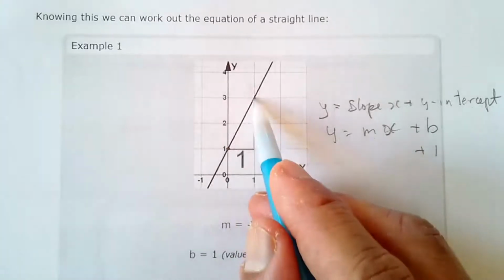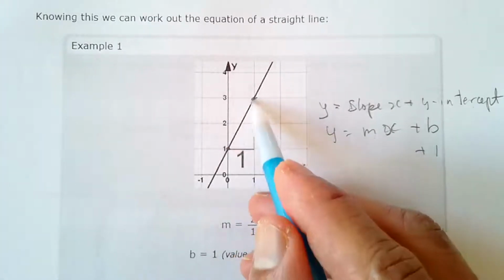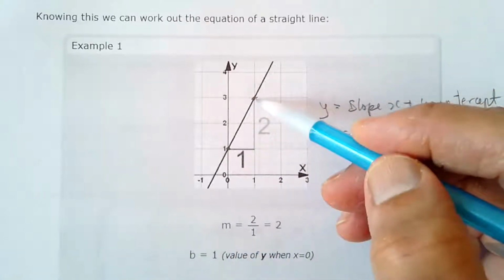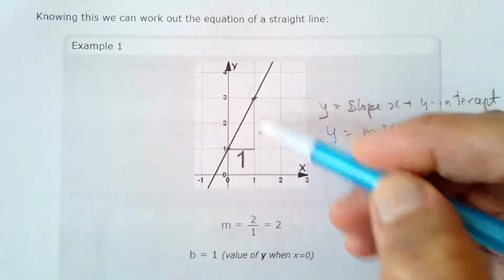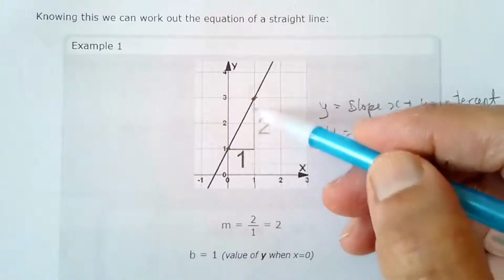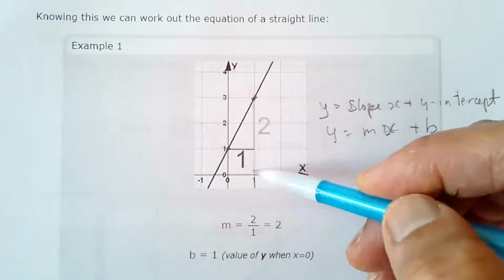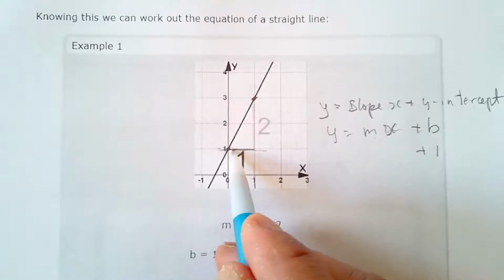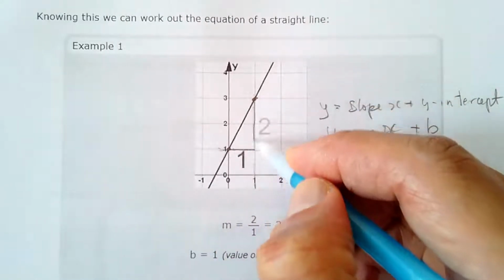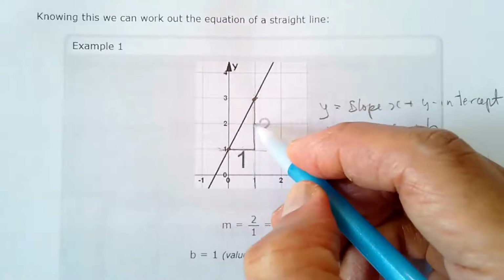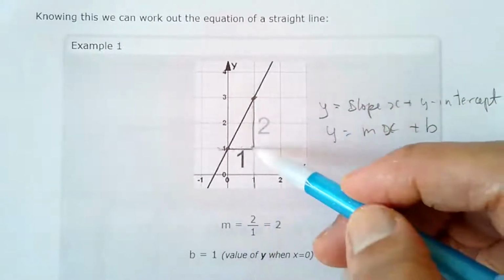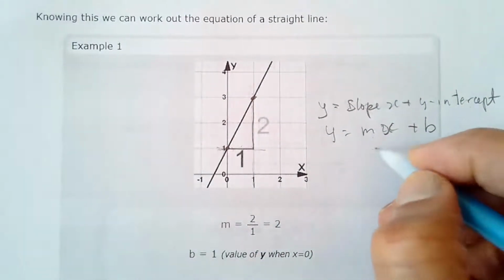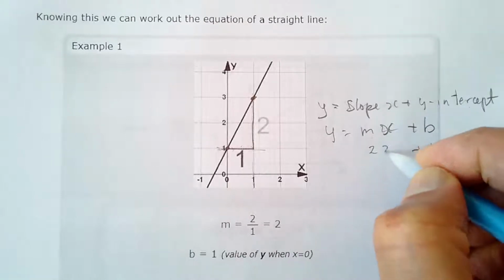The slope now, you select 2 points on the line that you can read off. And here, this point is right on the x-axis line of 1. And this point here is right on the y-axis point at 1. So we construct the right triangle. We count up 1, 2, and horizontally we have 1. So we say the slope here is 2 over 1.